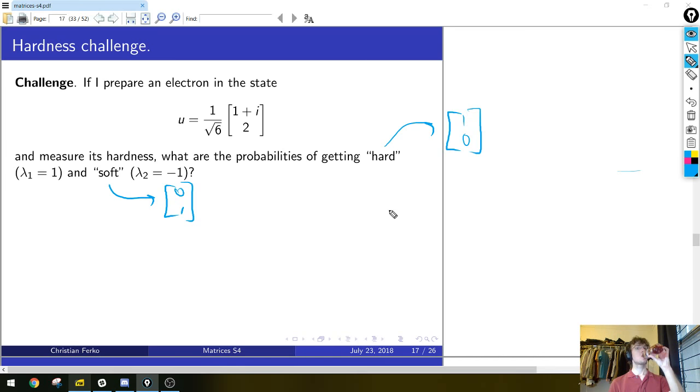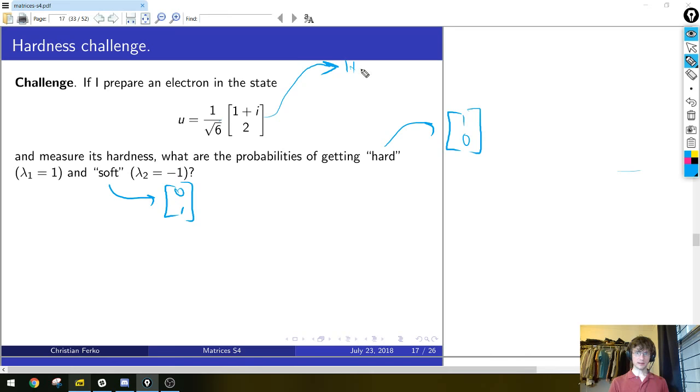Right now I'm thinking about, quote unquote, distributing this 1 over root 6 and then breaking that into its parts. Okay, so 1 over root 6 gets multiplied by each of those components, you're saying? And when you break it into parts, what does that end up as? That's going to be the vector (1 plus i) over root 6, 0.